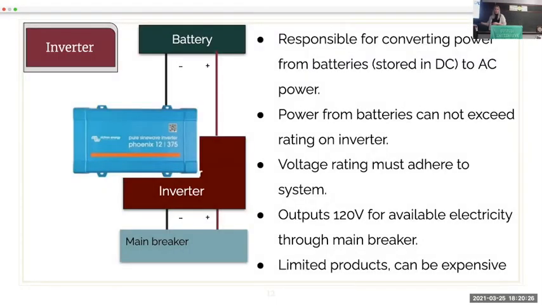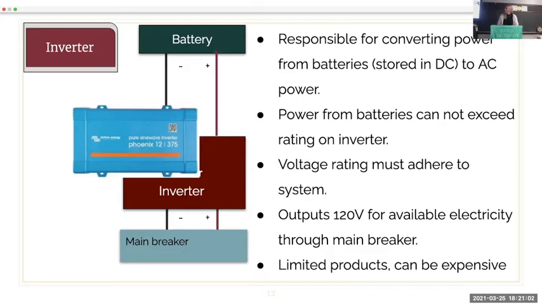Okay, so then we have our inverters. This is another thing, like the charge controller, that you can't make yourself, so sometimes it's expensive. Basically what an inverter does is take the DC power from your batteries and switch it into AC power, so you can use it in your house. There's not too many specific ratings on this, but again, the voltage has to be the same as whatever size system you're choosing.